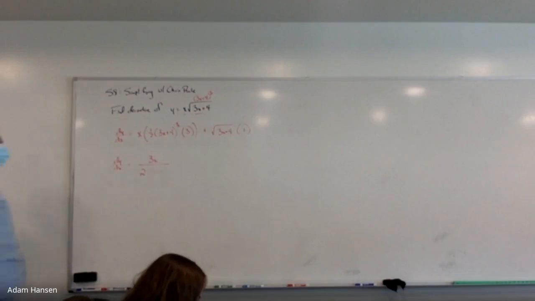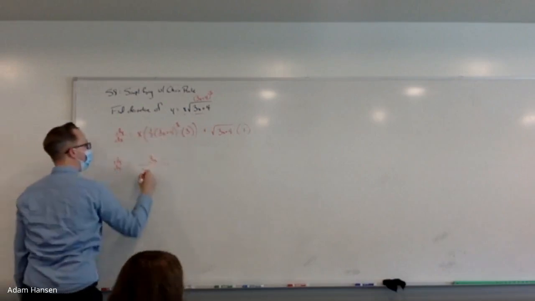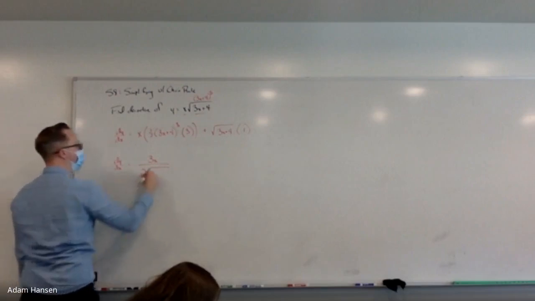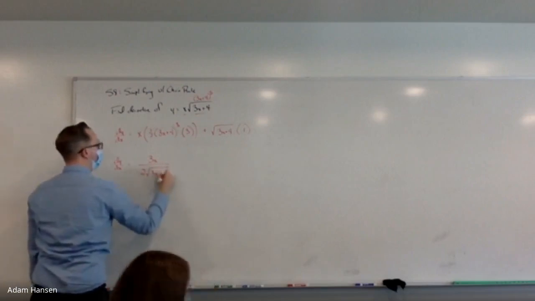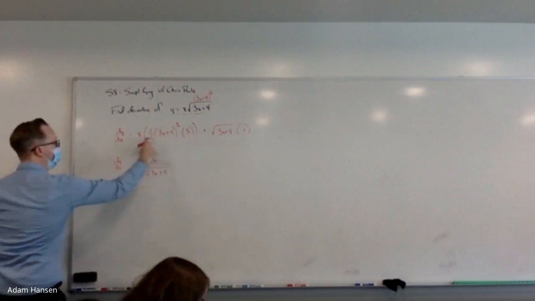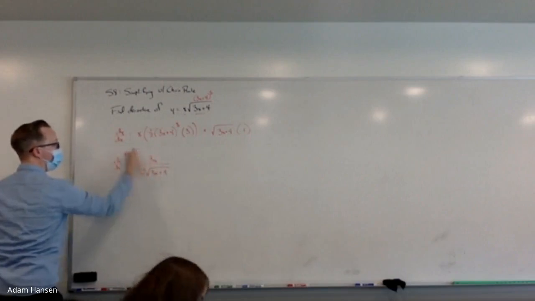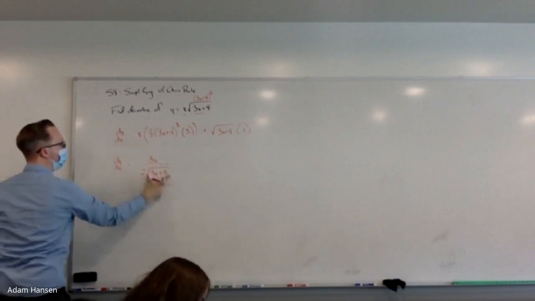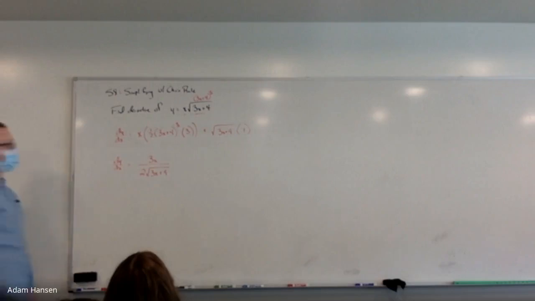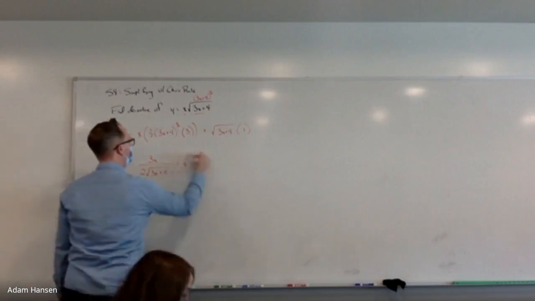The negative exponent needs to go into the denominator. So the negative 1/2 power becomes positive 1/2 power, and put it back on bottom. Three times 1/2 makes the 3/2 here. We'll bring the x down and adjust the negative exponent back in the denominator. Plus square root of 3x plus 4.